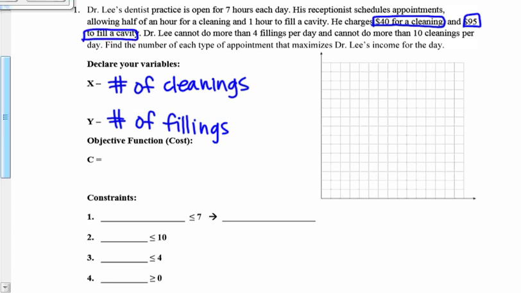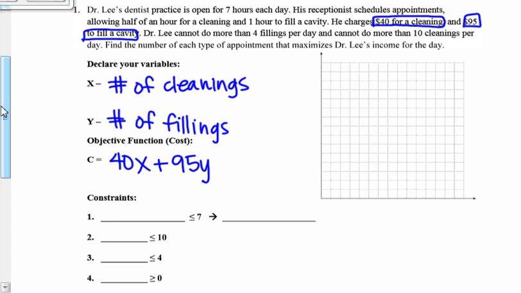So that tells us how much each cleaning is and how much each filling of a cavity is. That's what my objective function is going to be. Basically, how much can he make total? Well, he can make $40 per cleaning plus $95 per filling. That's going to be our objective function.